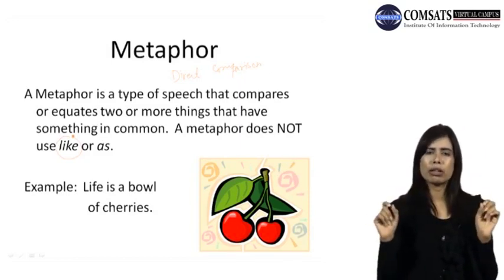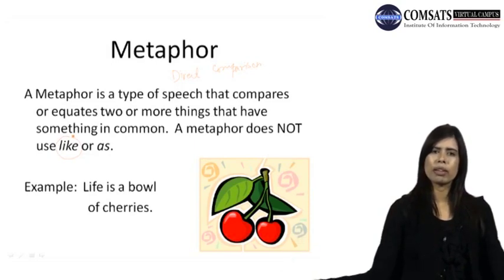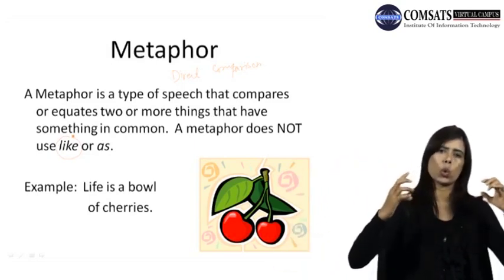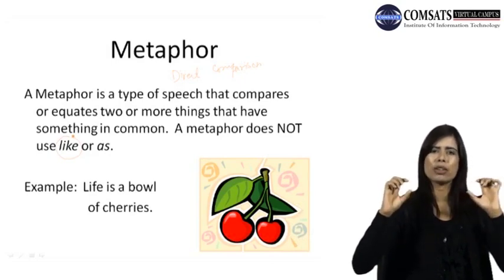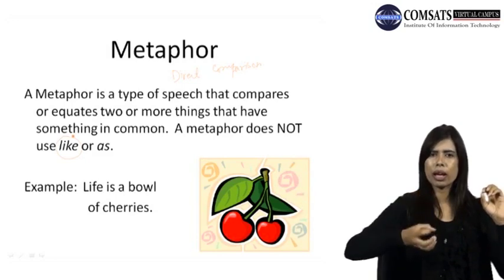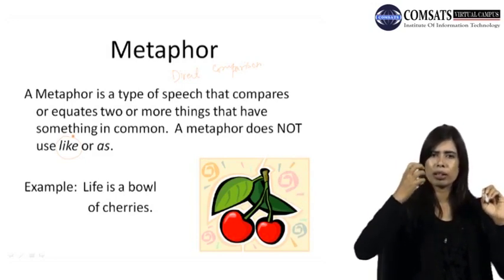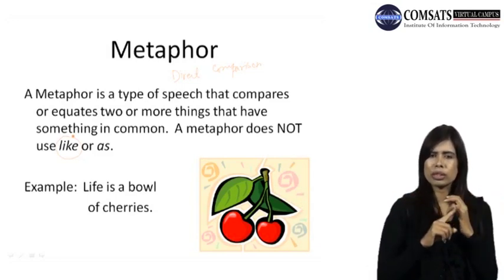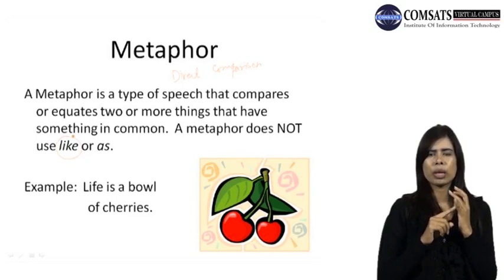So you are giving all the attributes of a bowl of cherries to life, not only one. When you use as or like, you take out some of the attributes of one thing and you allot those attributes to another thing. But the case is different in metaphor. First of all, this is the direct comparison, plus you give all the attributes of one thing to another.